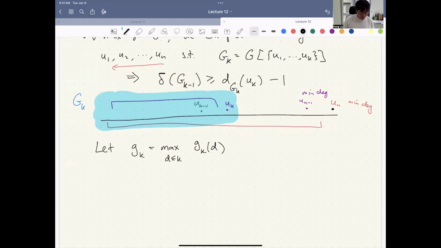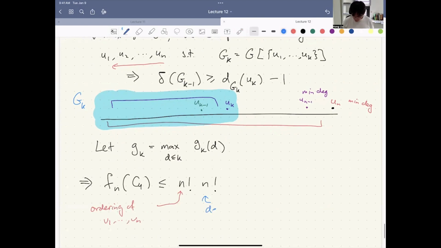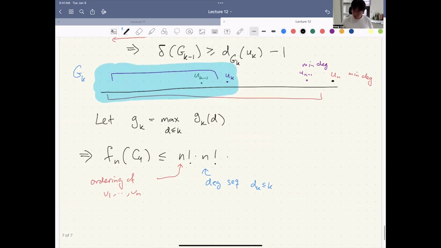So Fn of C4 is at most n factorial, this is the ordering of V1 to Vn, times another n factorial, the degree sequence dk at most k for vertex vk, times the product of the number of extensions. But all this term n factorial, remember, n factorial is at most n to the n.